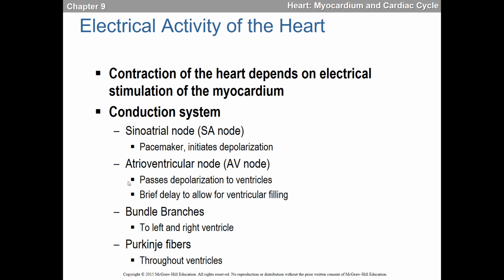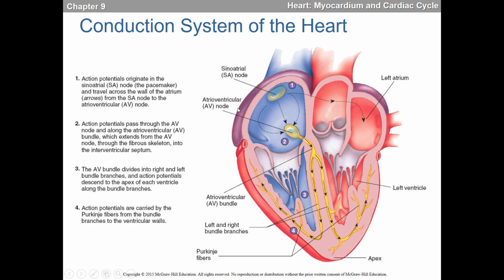Then it will be propagated towards more or less the bottom of the heart, the bundle branches, and then Purkinje fibers going through the entirety of it. So let's look at this really quick. Effectively, this is what's going on. The SA node sends a signal to the AV node, and there's something right here called the AV bundle, or the bundle of His, H-I-S.